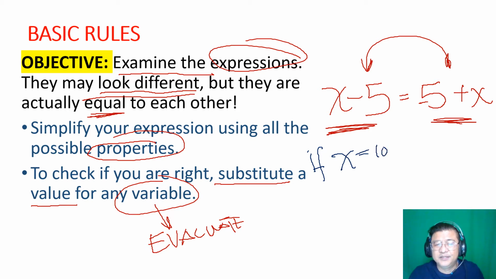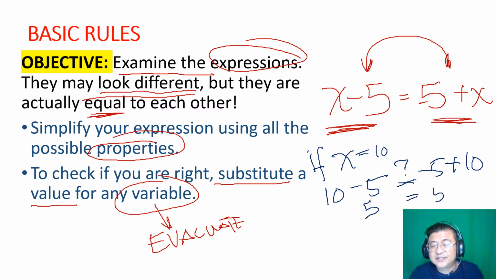So let's plug it in. 10 minus 5, is it equal to negative 5 plus 10? All right, the answer on the left side is 5. The answer on the right side is 5. If both values are equal, then therefore, we are sure they're the same.